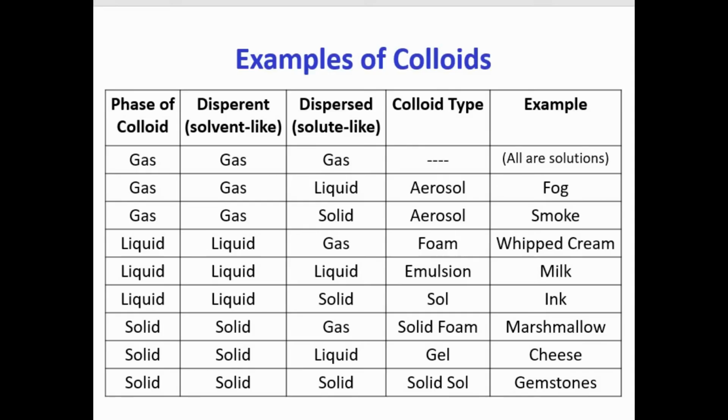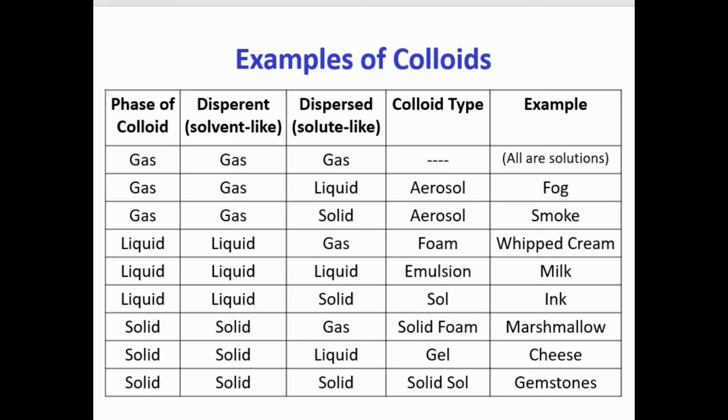They're a solid, a liquid, or a gas. The dispersant is that solvent-like thing, and that can be a solid, a liquid, or a gas. Notice whatever phase the dispersant is, that is also the phase of our colloid. Now, in that solvent-like dispersant, we can have something that is dispersed, kind of like the solute. Now, if our dispersant and our dispersed are both gases, it is never a colloid. It is always, always a solution.